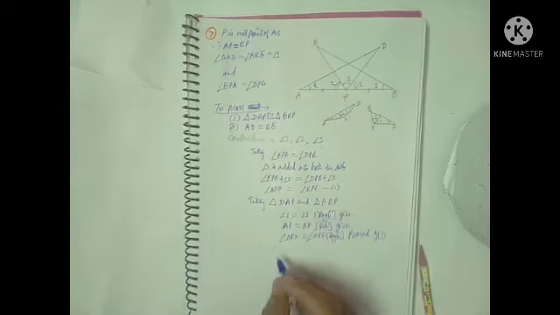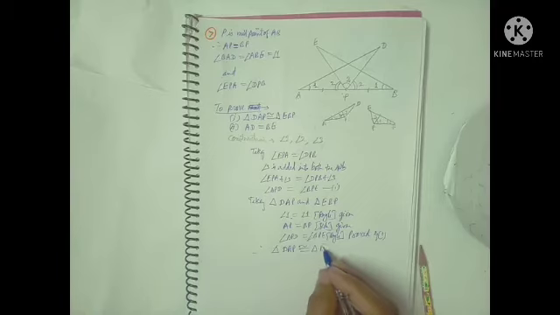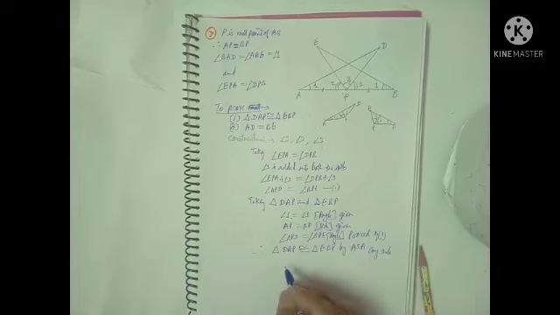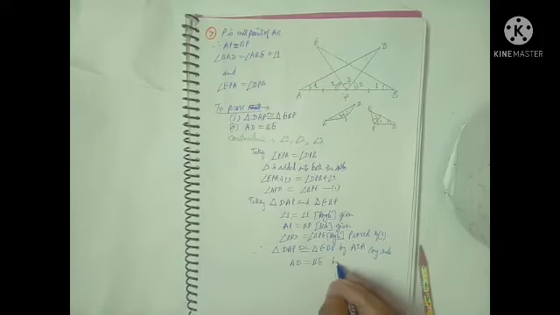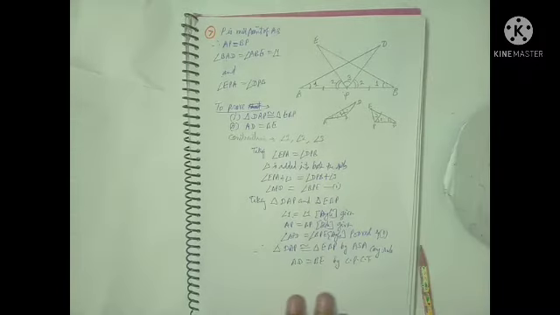Therefore triangle DAP is congruent to triangle EBP by the ASA, angle side angle congruence rule. So the second part, AD is equal to BE by CPCT, corresponding parts of congruent triangles. So we have proved both the things very easily.